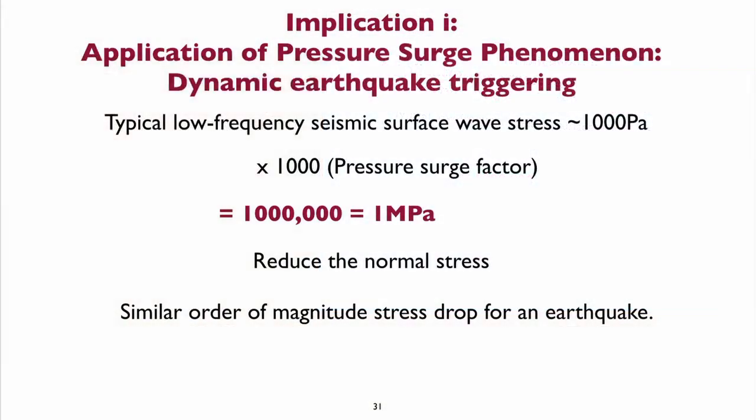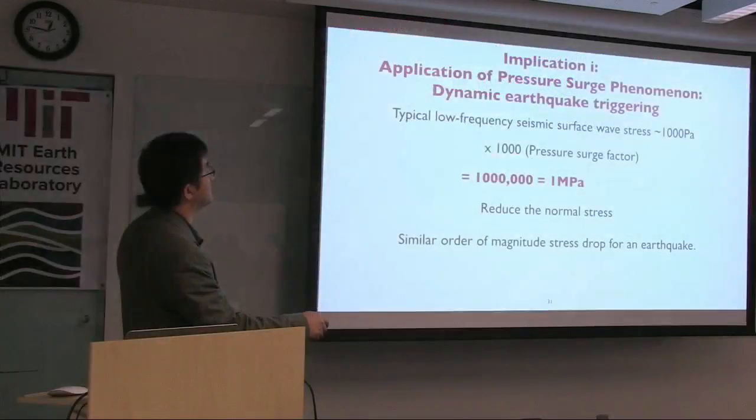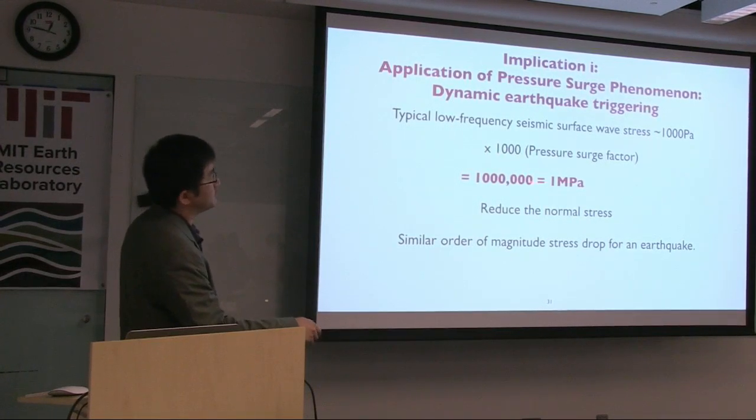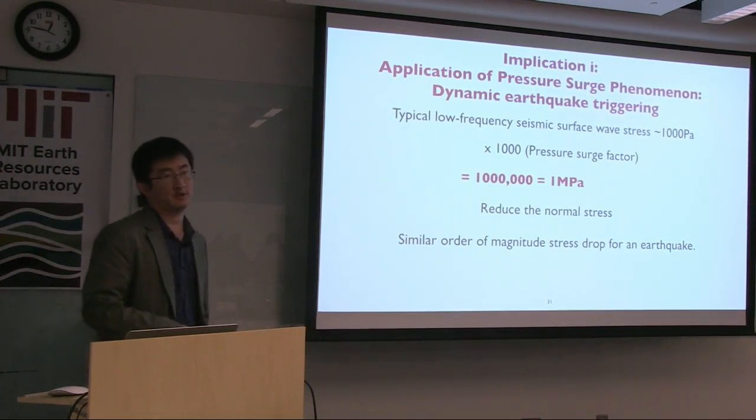So, the implication, of course, is that we're going to go back and answer the dynamic triggering problem. If the incident wave pressure is multiplied by several hundred, sometimes 700, or just 1,000 times, you're going to get to a 1 megapascal range.